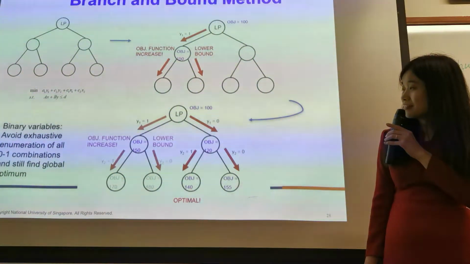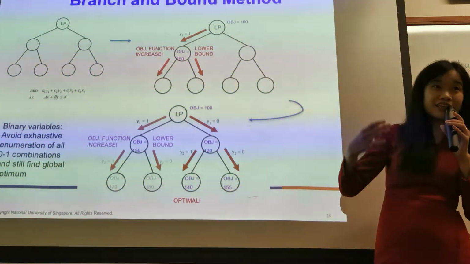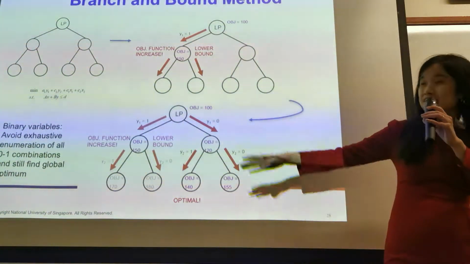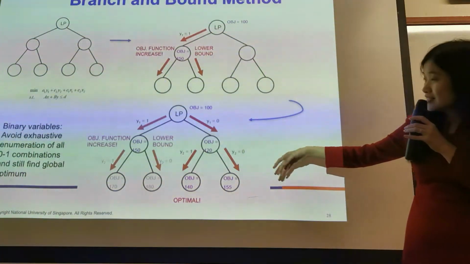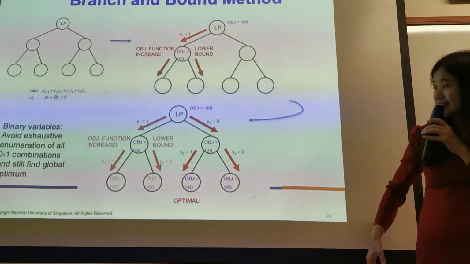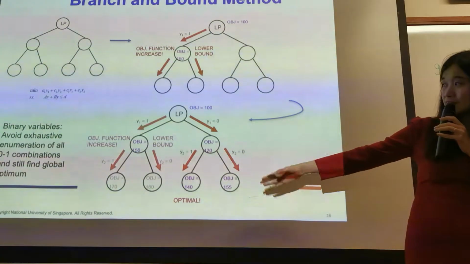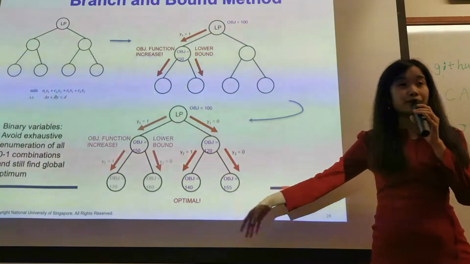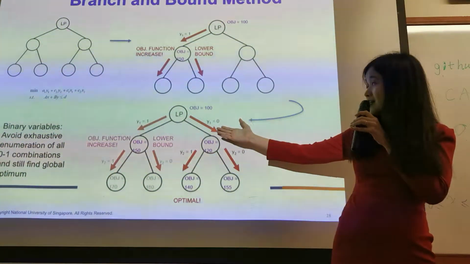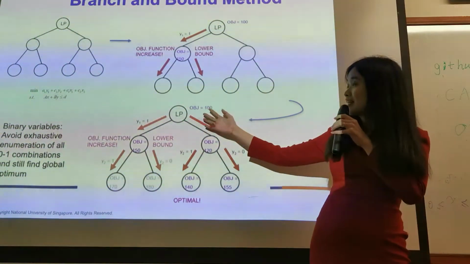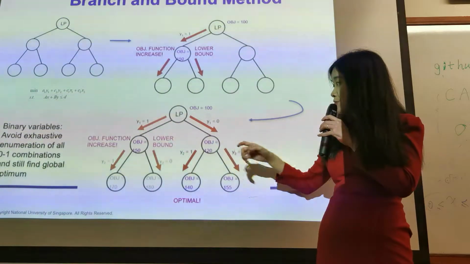It's kind of enumeration because you already say 0 to 1 for an initial tree. But when you continue to build up the tree, for my minimization problem to get my minimal value, I relax it first. So this is my lower bound. I got my lower bound here and continue to different branches.